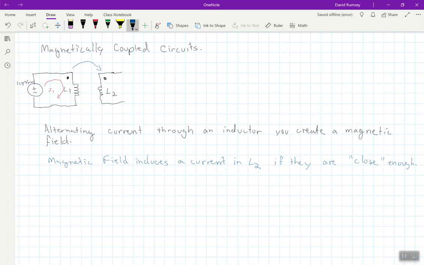If they're close enough in distance, even if they're not touching at all, you will actually generate a current in L2. And so I could attach some kind of load here, and I would get a current I2 going on here.